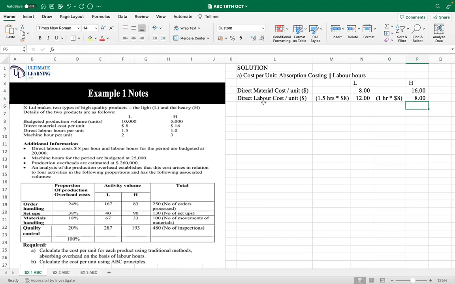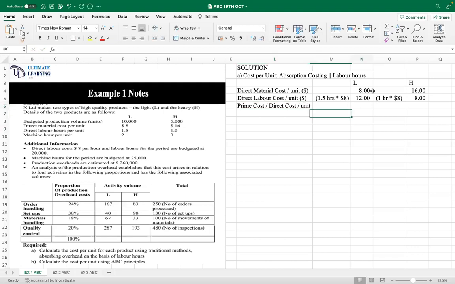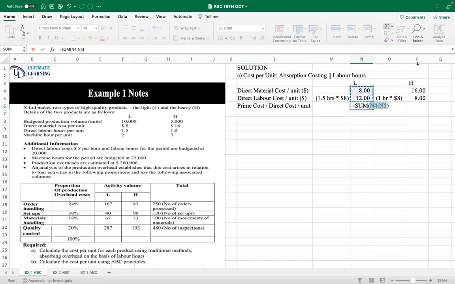When you add these two, there were no expenses given in this question, so it's what gives you prime cost. Prime cost is also known as direct cost per unit.